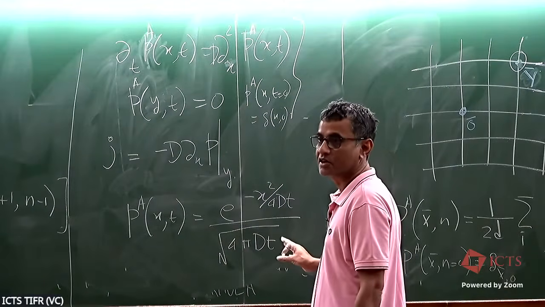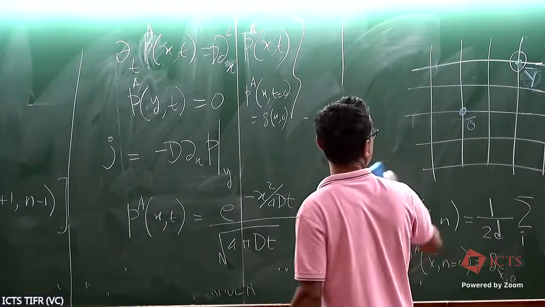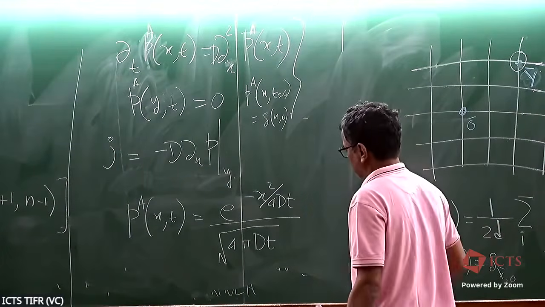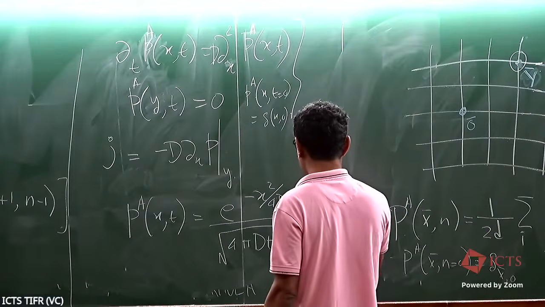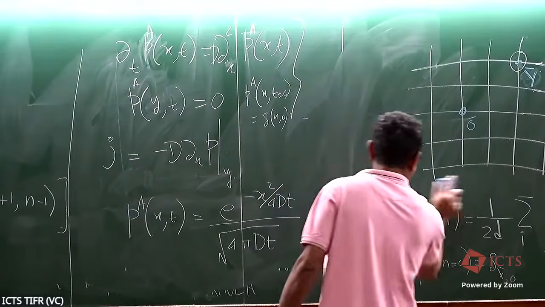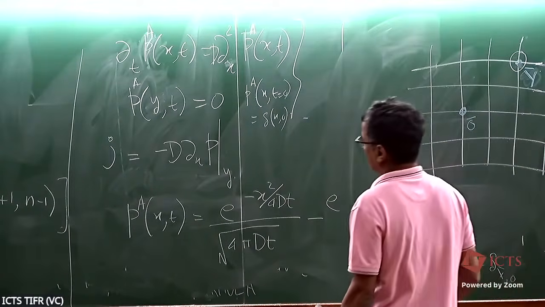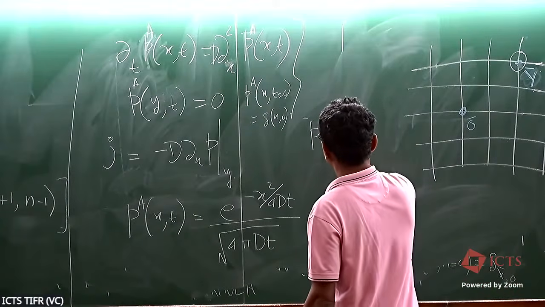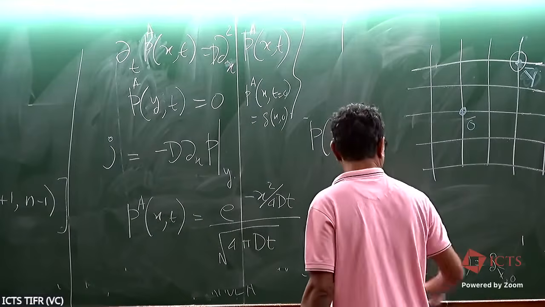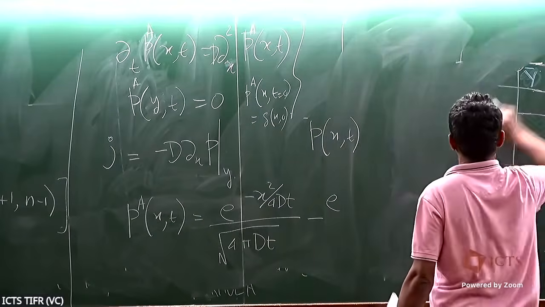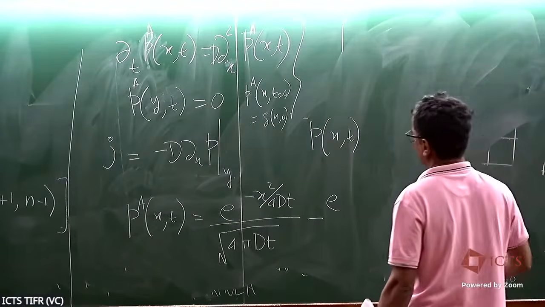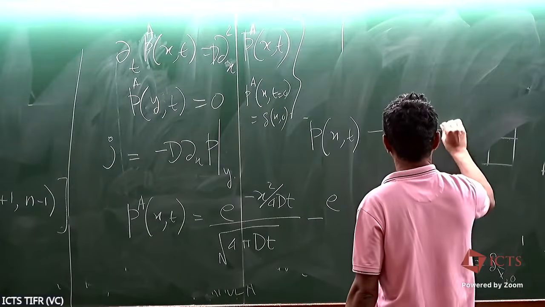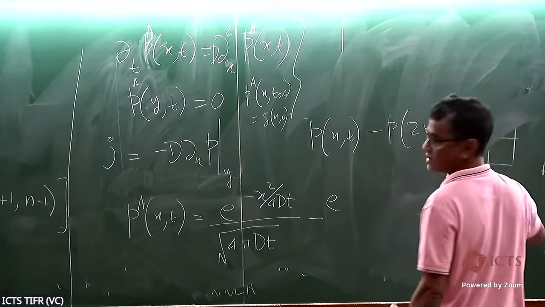Yeah, right, exactly. So we have to do the same thing, right? To subtract whatever. So we have to subtract minus e to the power. So basically the solution is P(x,t) minus this, this is the solution.